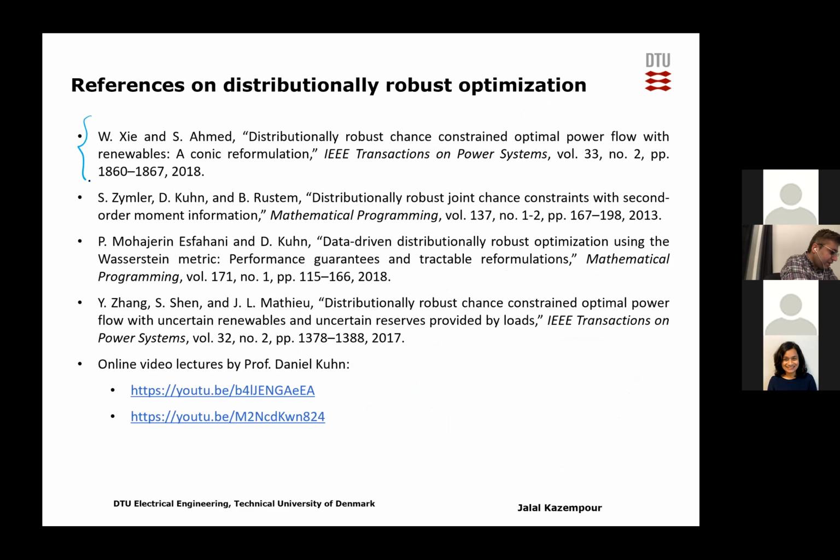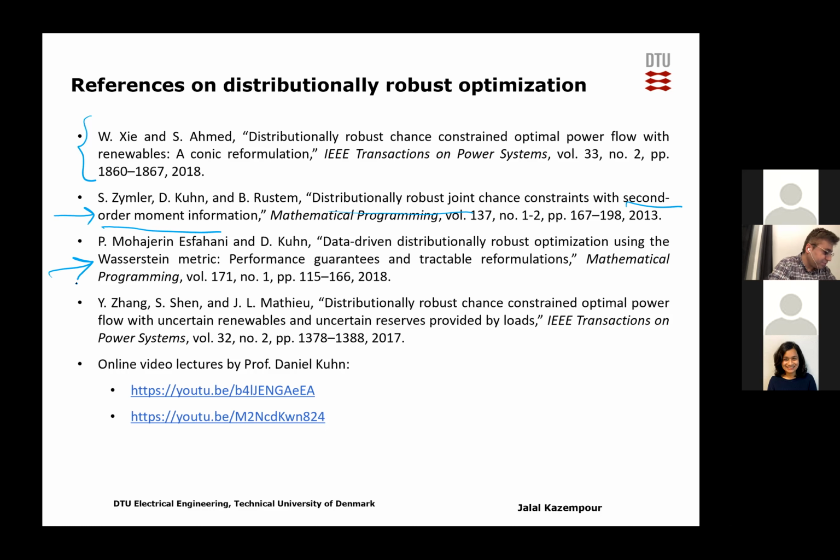This is a very nice paper using moment-based DRO with chance constraints, I guess individual chance constraints, applied to the OPF problem. This is one of the first papers about moment-based DRO, with, as you see, first and second order information.